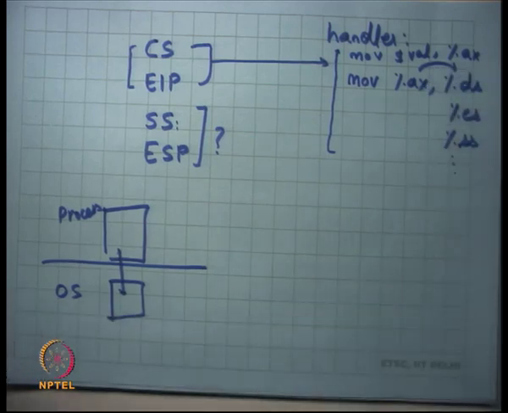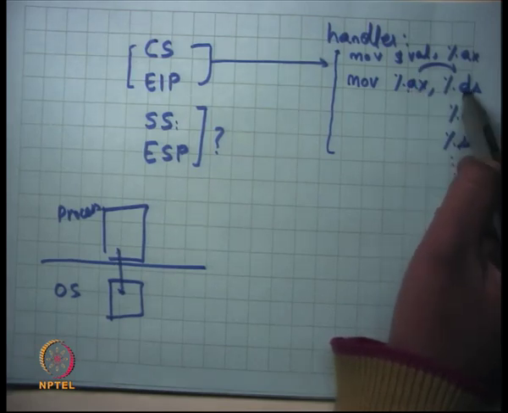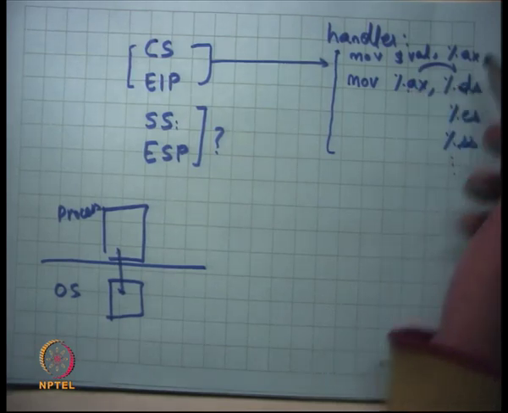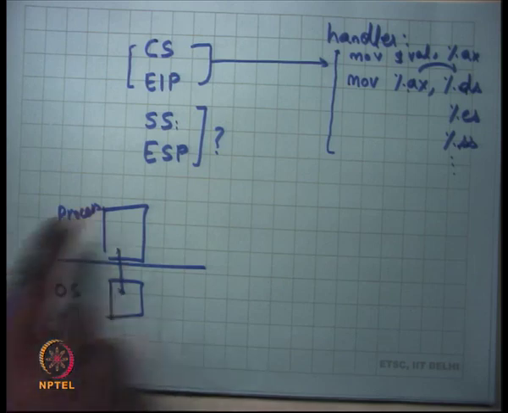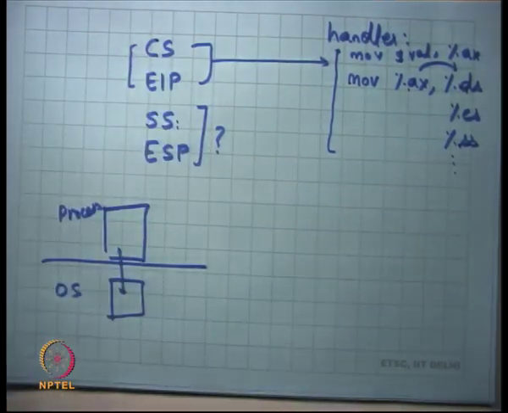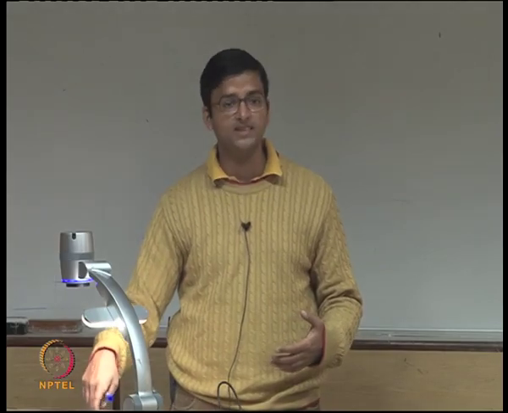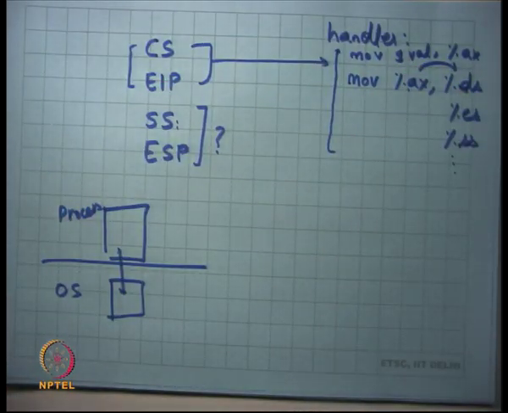For example, if the handler is overwriting DS, before he does that he may want to save DS somewhere, but that's completely a software mechanism. Whereas the saving of CS is a hardware mechanism, because CS gets overwritten by the hardware. So the hardware overwrites CS and EIP, and everything else the software is free to do whatever it likes.